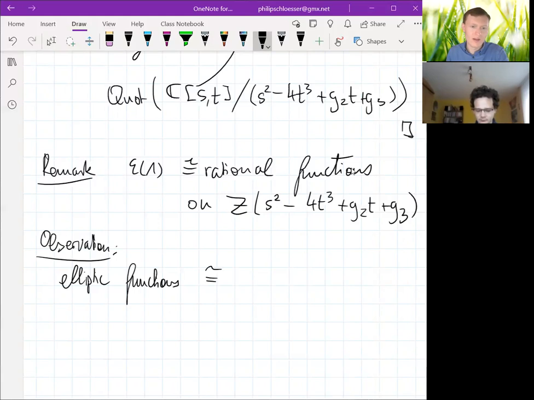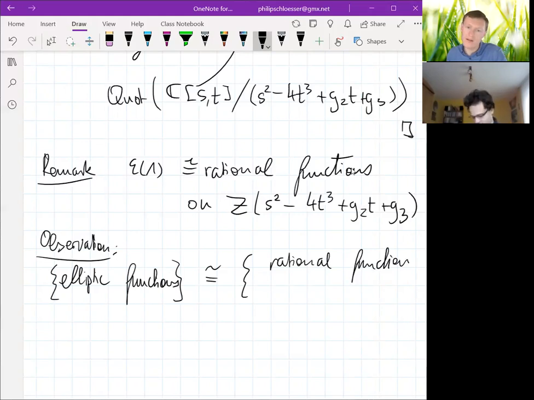So we have some correspondence between elliptic functions and rational functions on, well, we can rescale things a bit, and then we just have z squared minus p of t, where p is a polynomial of degree 3.